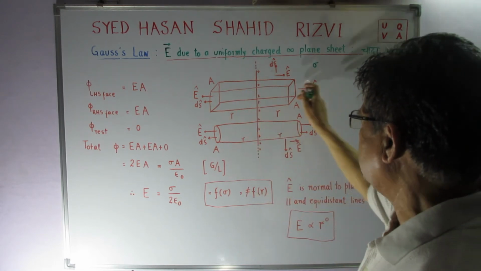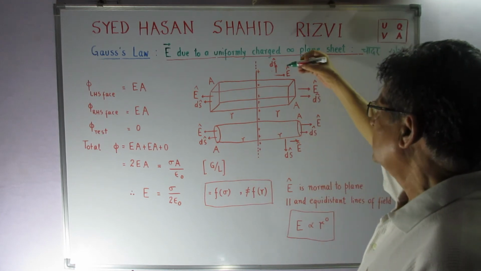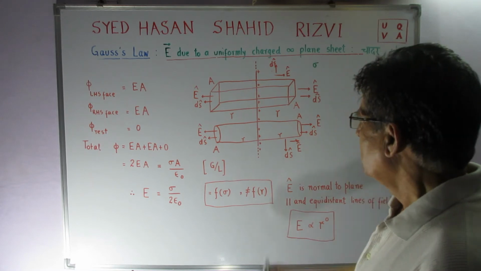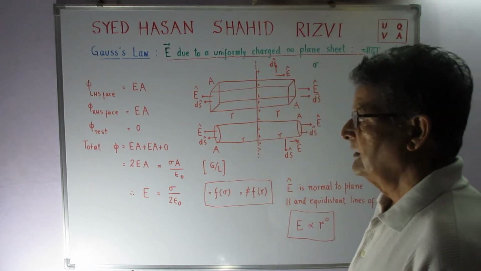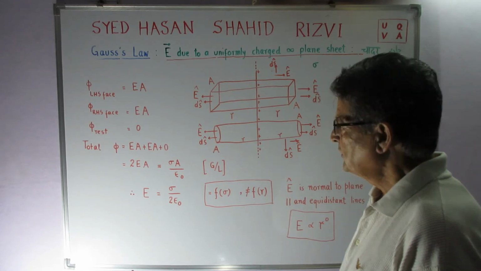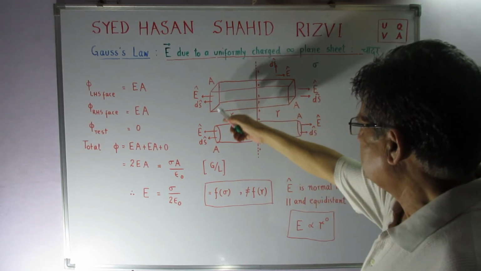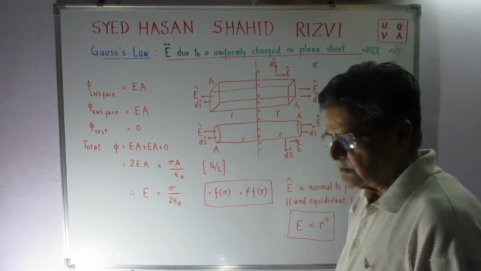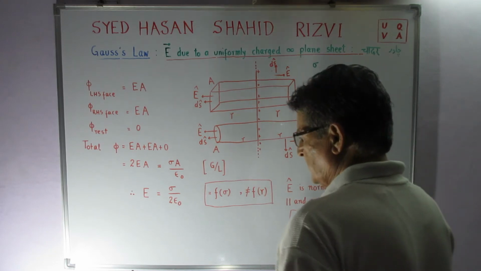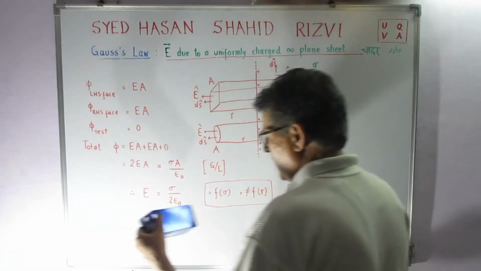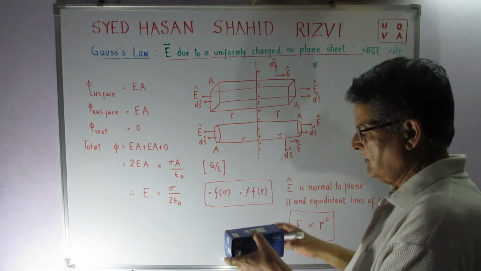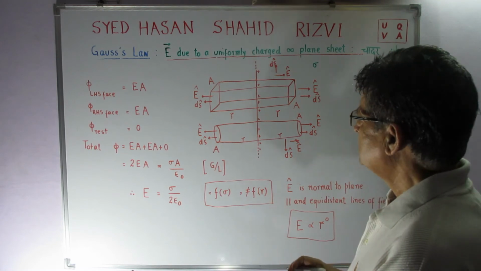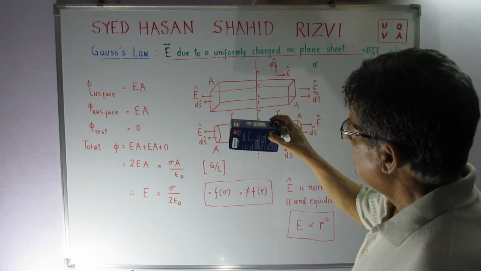They are also kinds of sheets, and they have all their ds vectors normal to their surfaces, which therefore make an angle of 90 degrees with E. So the flux out from these surfaces will be equal to 0.